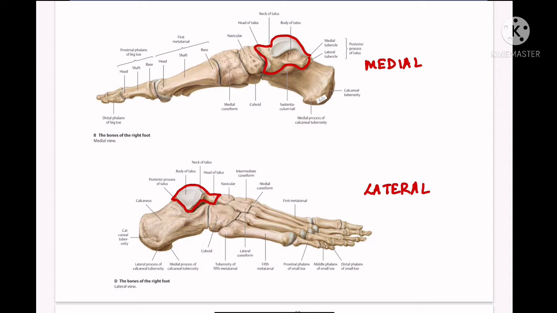Now, if we draw the outline of the calcaneus in both the medial and lateral view along with the outline of talus, it will go like this. So the outline of the calcaneus in the medial view will be like this. C, calcaneus, T for talus.